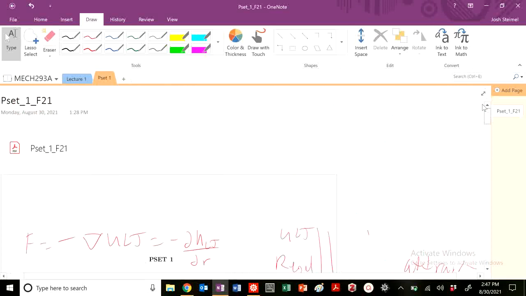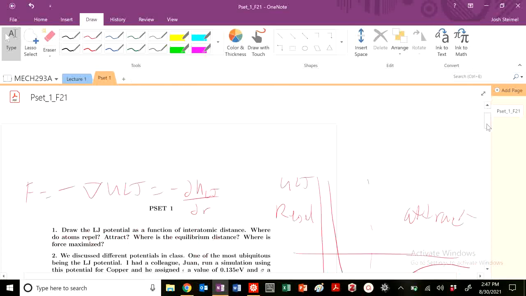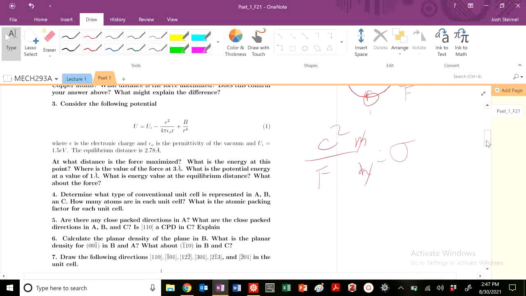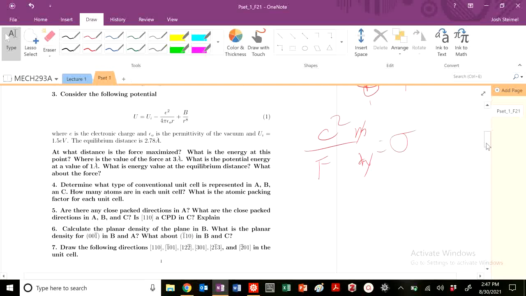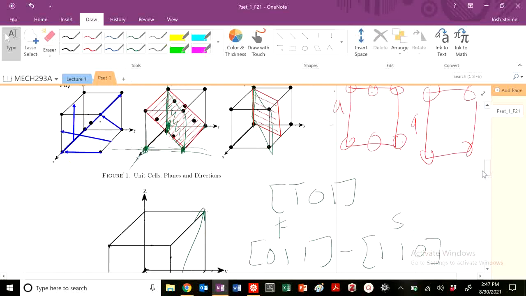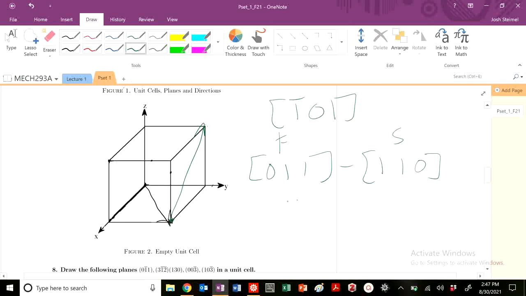What's the next direction here? The next direction we are asked for is 1, 2, and minus 2. I'm going to erase here and keep it 1, 2, and minus 2.